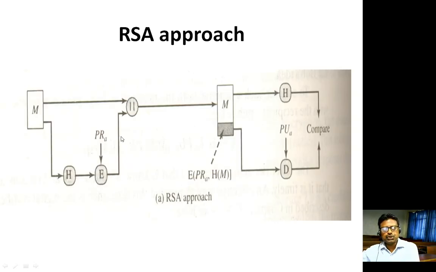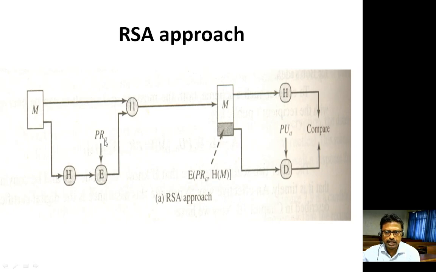This is the approach used in the digital signature algorithm, in which we have a message. By applying a hash algorithm, we obtain the hash value represented by H, and this hash value is encrypted by the private key of the sender.